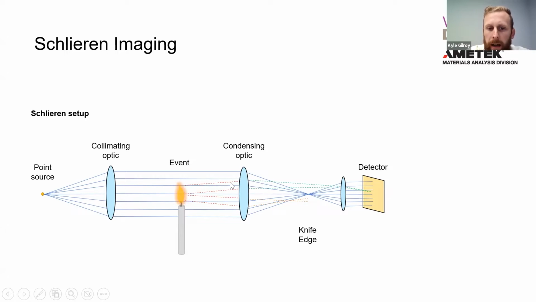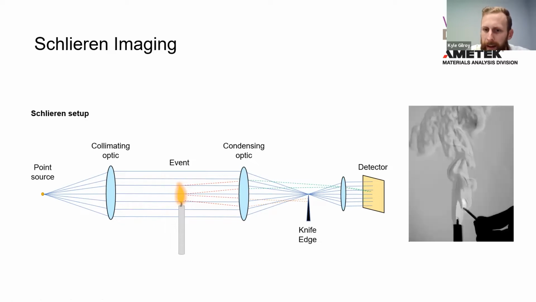What that does is it provides you the opportunity to have access to these non-collimated photons, so then you can cut them out of your image. And this is the basic principle of Schlieren imaging. What that allows you to do is it gives you contrast to refractive index gradient.